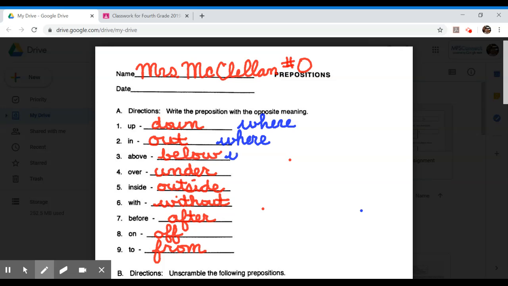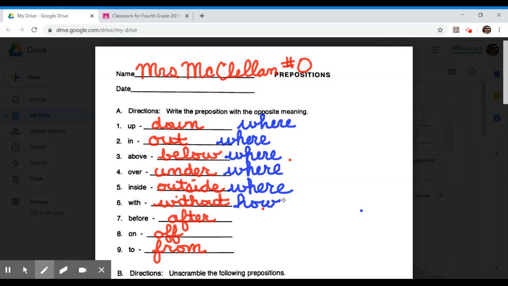Below is also where. Under, where I am, right? I'm under the bed. Outside is where. Where am I? I'm outside. Without. Now, does that tell me where I'm at? I am without? No, that tells me how I did something.